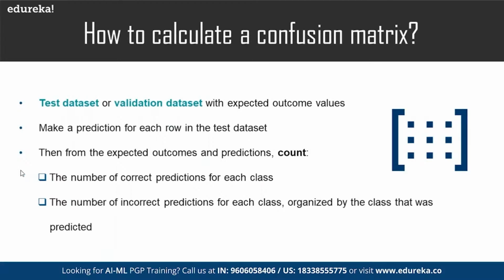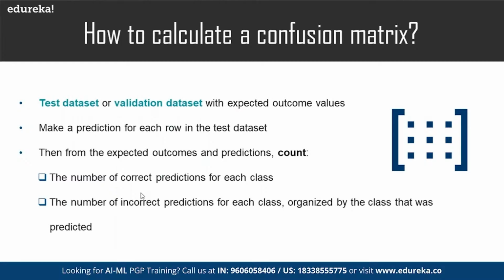Make a prediction for each row in a test data set, and it's again when we talk about tabular data sets and structured data. When we talk about structured data, the tabular data set, the number of correct and incorrect predictions for each class falls in the labels. So we have multi-class classification, single class label, and multi-label classification.